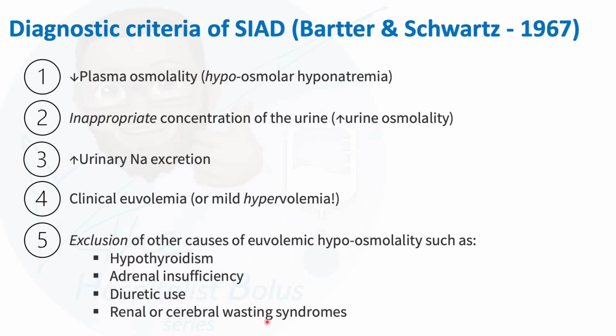Also, the osmolality and urine sodium will be high in the wasting syndromes, including renal wasting, which is a little bit more common than cerebral wasting. These are also usually a little bit hypovolemic, but they can be euvolemic in some cases. So again, to make the diagnosis of SIADH, you have to keep these 5 criteria in mind. So remember them. I think this is probably the most important part of the discussion about SIADH.